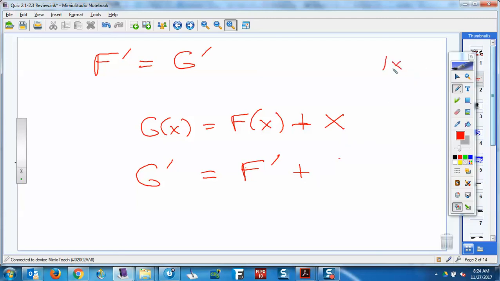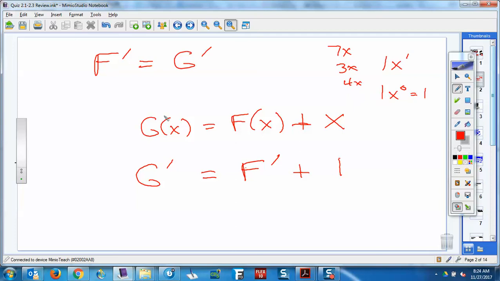What's the derivative of 1x to the first? Bring down the 1. X to the 0, which is just 1. Remember, what's the derivative of 7x? 7. Derivative of 3x, 3. 4x, derivative, 4. Derivative of 1x is just 1.